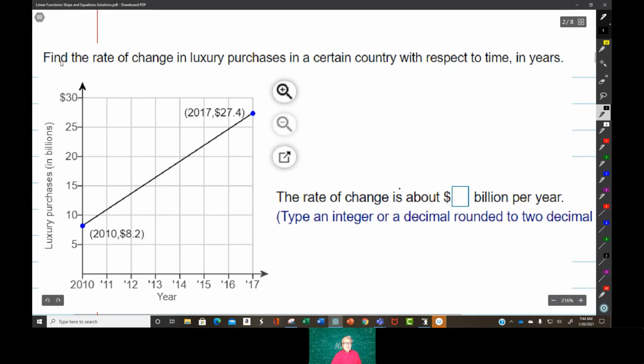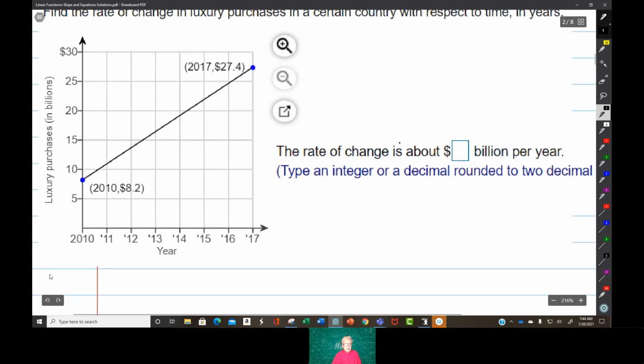It says find the rate of change in luxury purchases, what rich people buy, in a certain country with respect to time in years. Well, here's the time on the x-axis. And here is the amount of luxury purchases in billions of dollars.